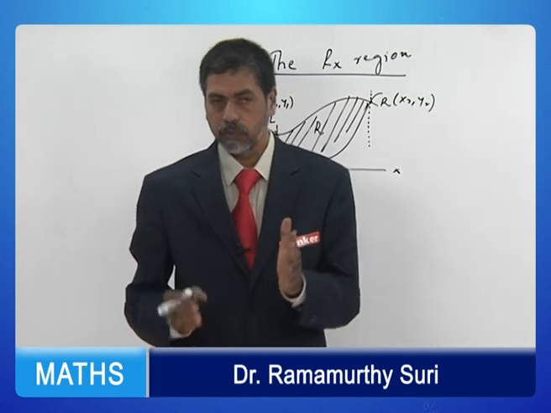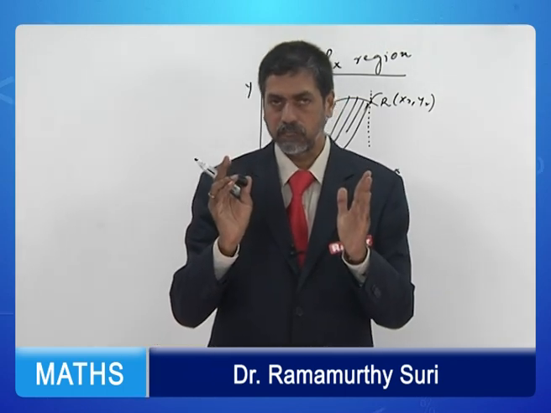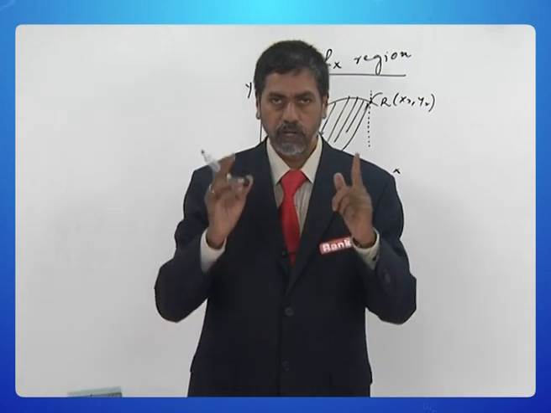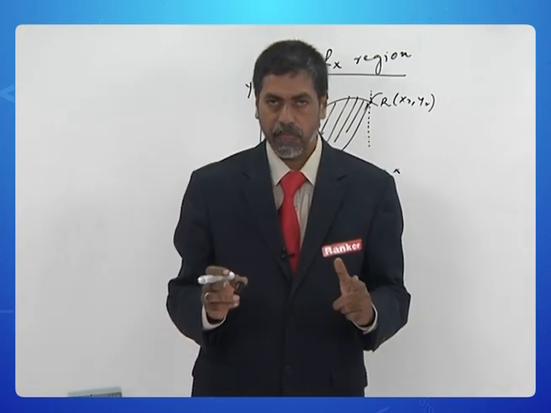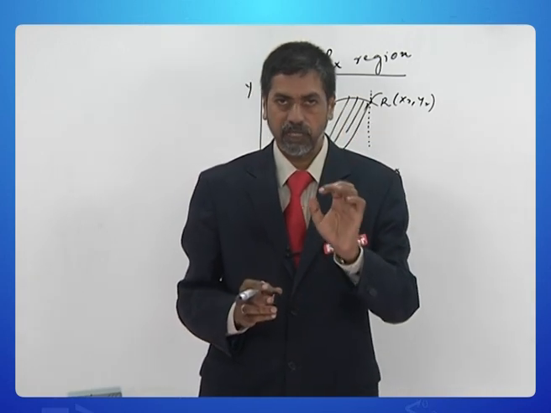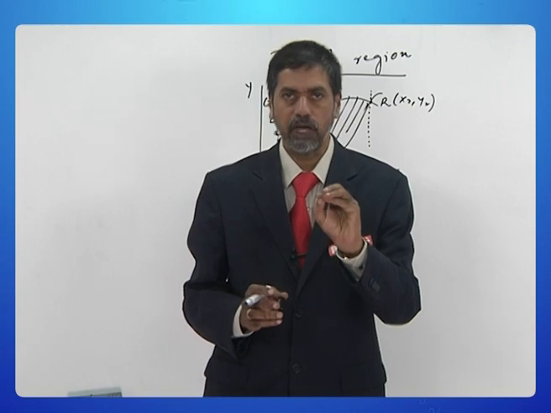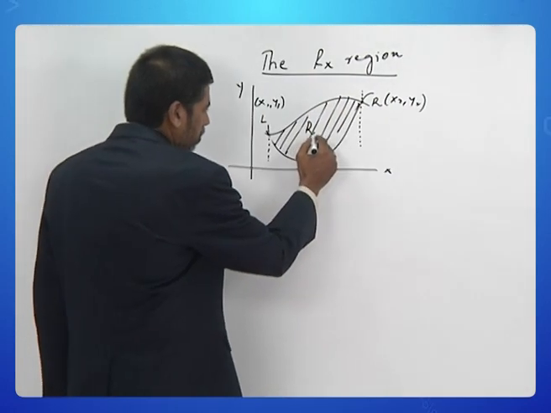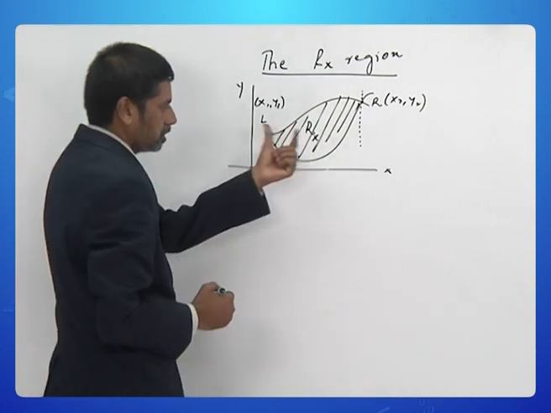So to repeat, between this frame at L and R, the leftmost and rightmost points, if you draw vertical lines and you find that the upper curve and the lower curve do not intersect, then the region is called an Rx region. So this region can be called an Rx region.